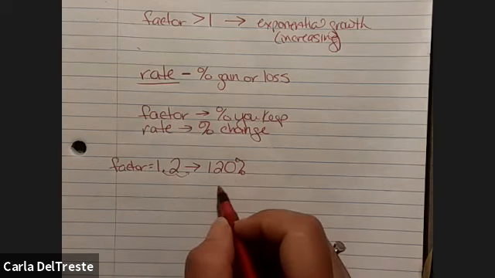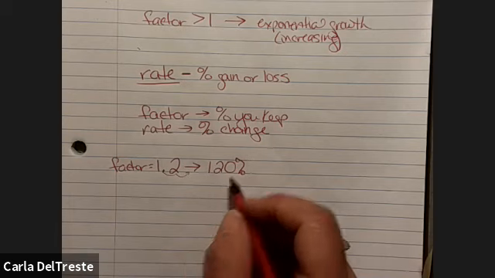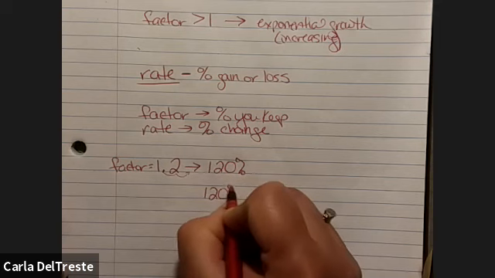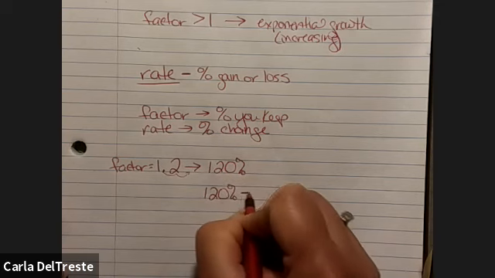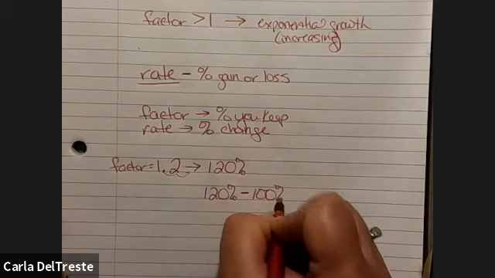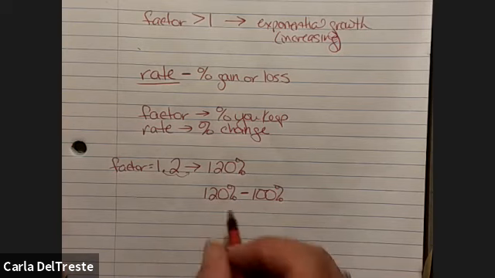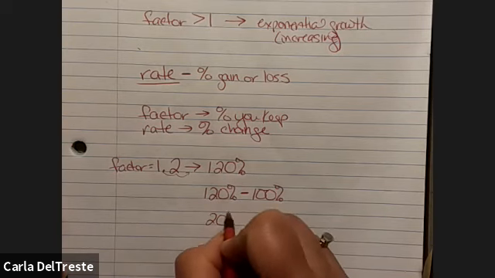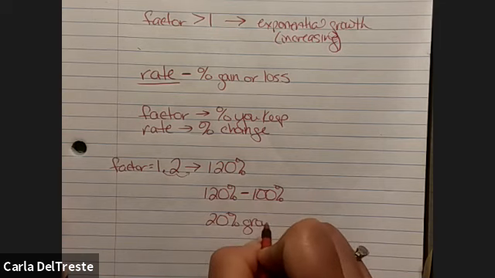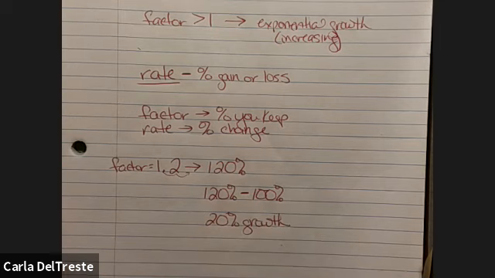I don't want to count the original 100% because that's what I started with. So I take 120% and I take away the original 100%. And that tells me that there's a 20% growth because it was added on to 100%.